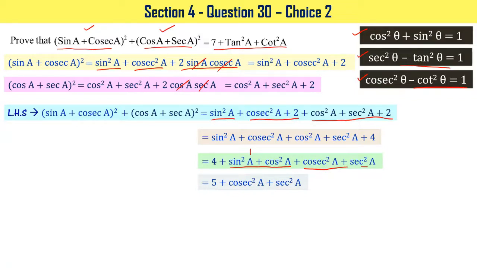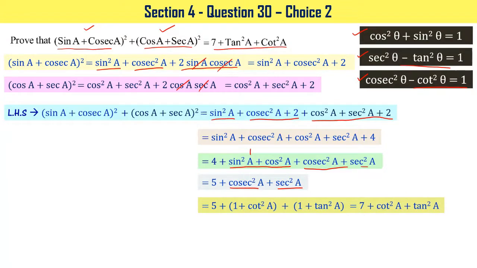For cosec square A, we'll be writing 1 plus cot square A, and for sec square A, you will be writing 1 plus tan square A. When you further simplify it, you get 7 plus cot square A plus tan square A. This is what we are asked to show, right? Sin A plus cosec A whole square plus cos A plus sec A whole square equal to 7 plus cot square A plus tan square A, right?